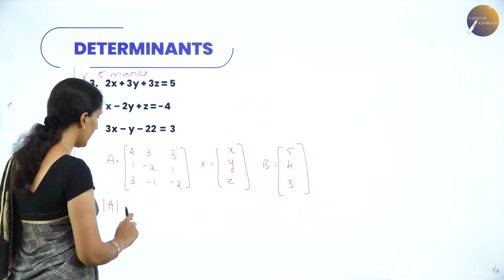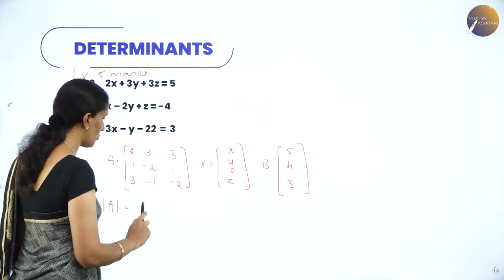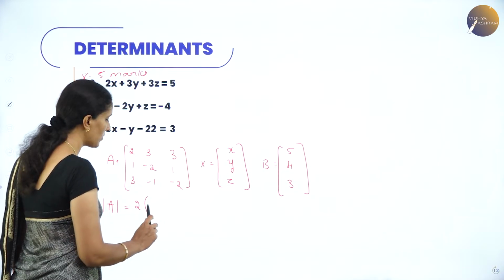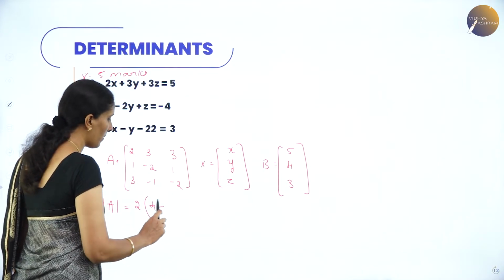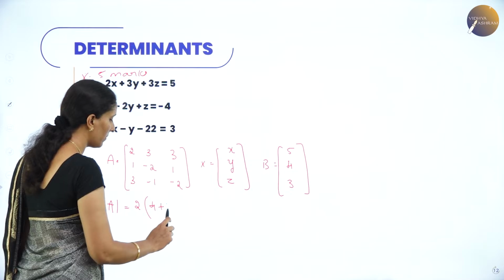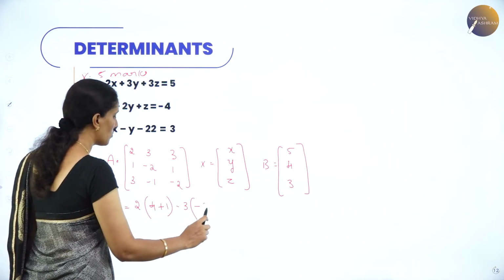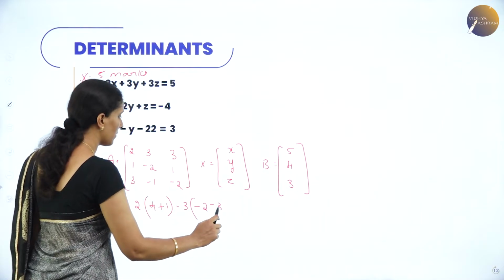Now determinant A. Let me expand through the first row. 2 into minus 2 becomes 4, minus of minus 1 plus 1. Next, minus 3 into minus 2 minus 3.